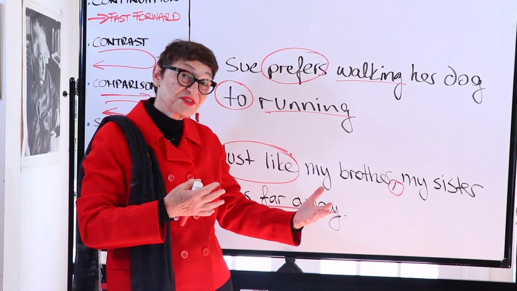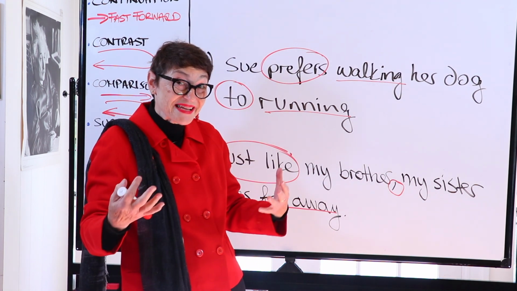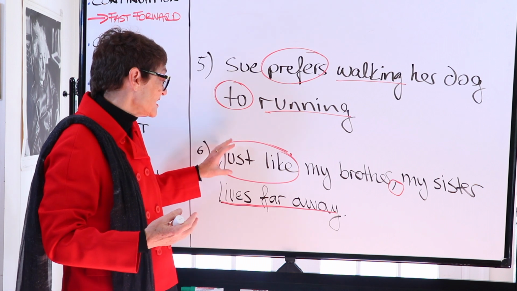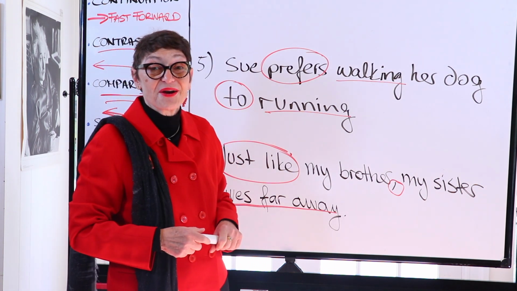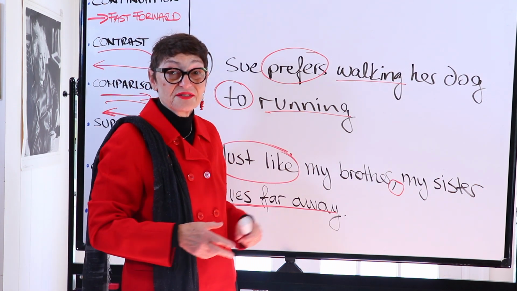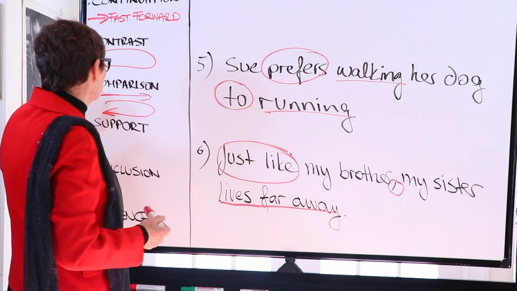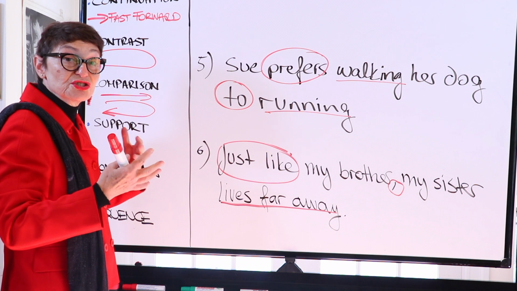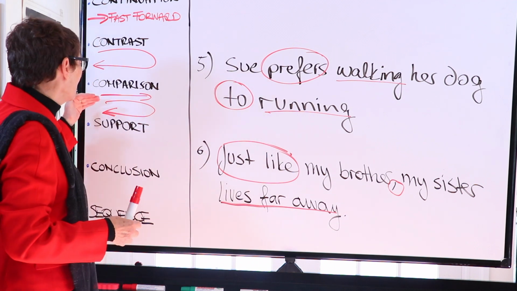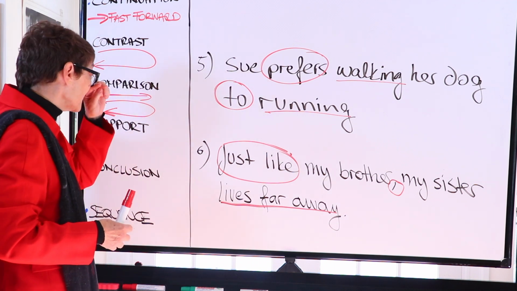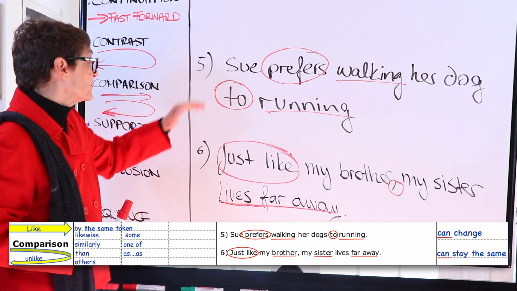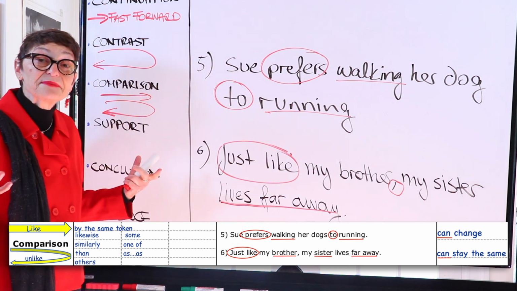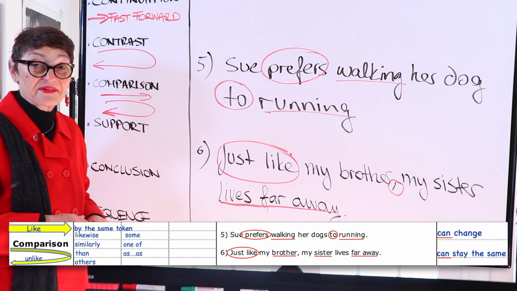So there's not a contrast between brother and sister, which might be tempting, but it's actually a comparison between how far away they live. And that is very, very similar. So as we said, comparisons can create a continuation tone, that means the tone continues, or they can create a contrasting tone, the way we did in sentence 5, depending on what we are comparing.